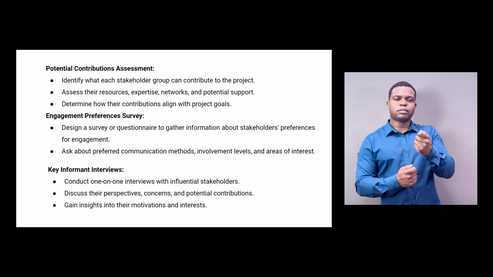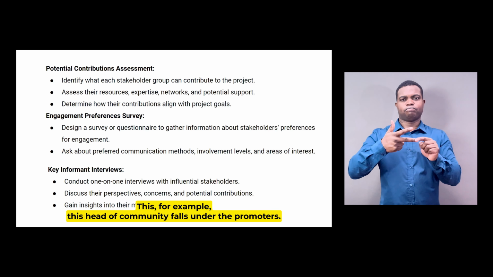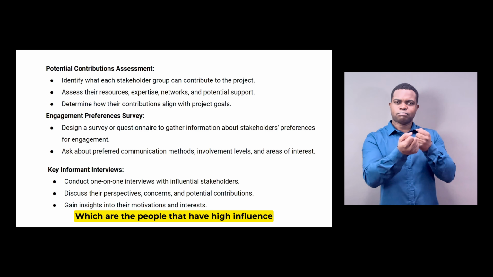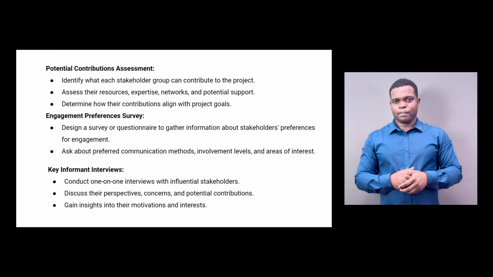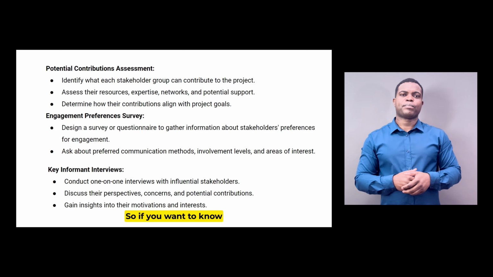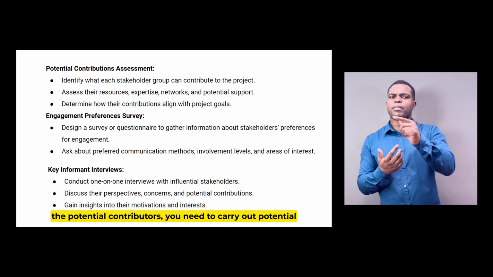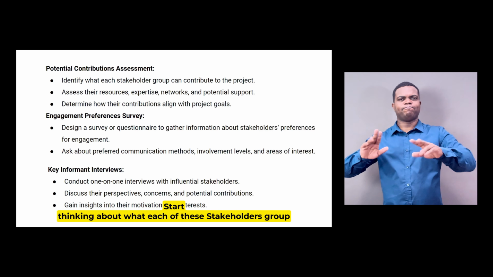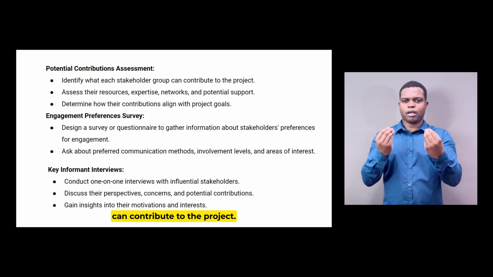So this head of community, for example, falls under the promoters category, which are the people that have high influence and high interest. So if you want to know the potential contributors, you need to carry out a potential contributors assessment. Start thinking about what each of these stakeholder groups can contribute to the project.